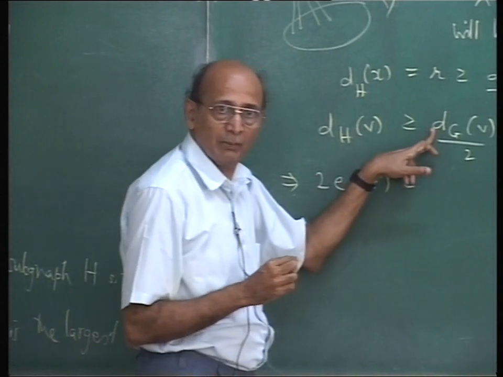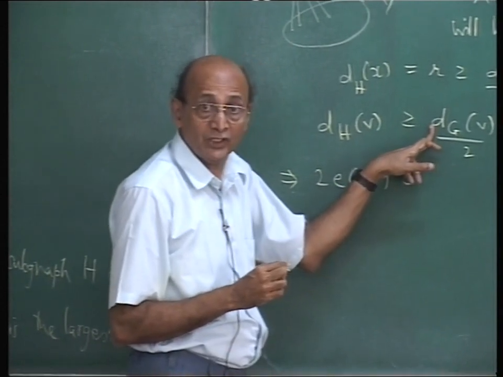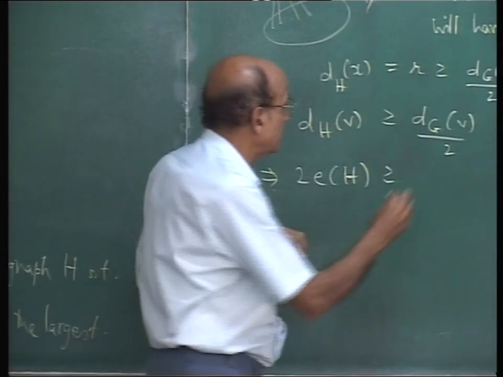If you sum this up, you get 2 times the number of edges in G.